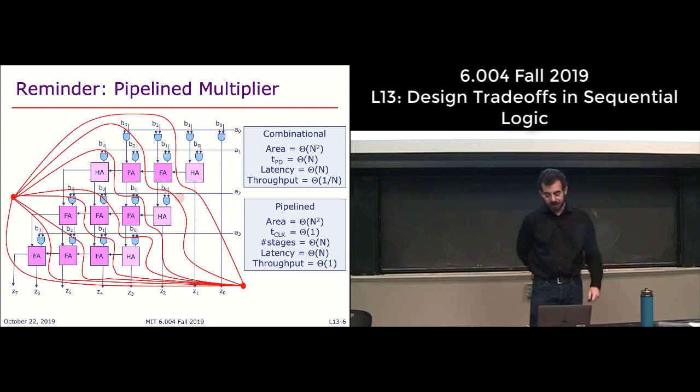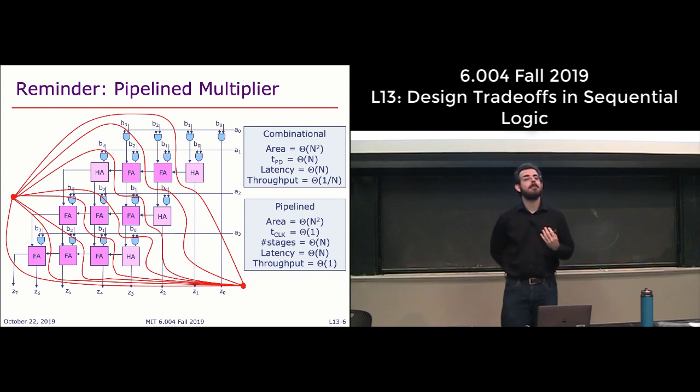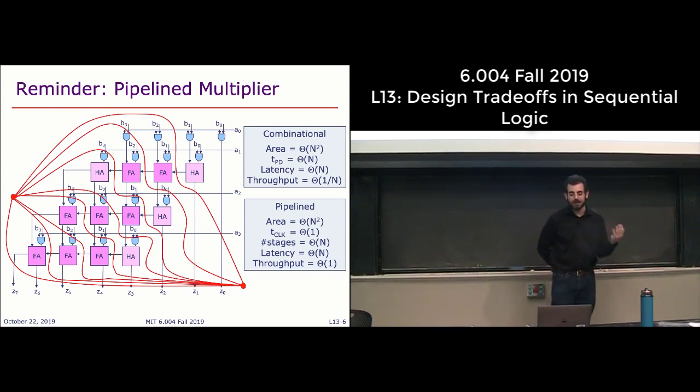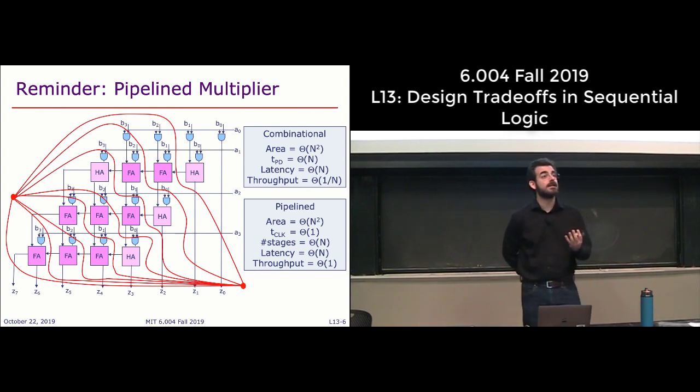So throughput is a factor of n better by pipelining than in the combinational case. We have an n-stage pipeline, and we've increased throughput by a factor of n. This is not a trivial increase. If you have 32-bit inputs, we're talking about the difference between a circuit that could run at, let's say, 50 megahertz and 4 gigahertz. So it is quite an important optimization.